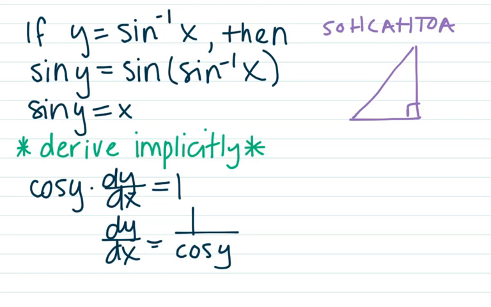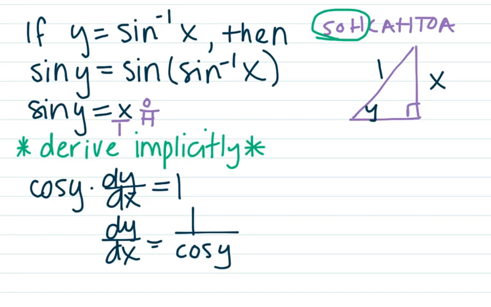If you remember, sine is opposite over hypotenuse. I don't really see a denominator here, so I'm going to assume it's over 1, since usually trig deals with the unit circle. So for angle y, the opposite side is labeled x and the hypotenuse is labeled 1.